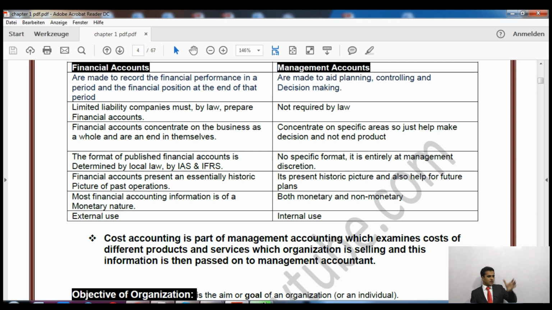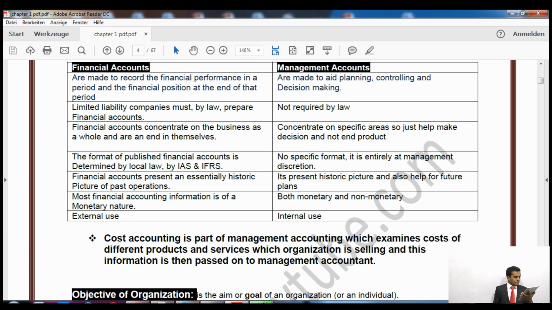So there will be just figures and numbers in financial accounting, whereas in management accounting there will be some numbers, but also some commentary and some advice to the management. How to increase the sales? You must increase the sales. You must reduce the labor because labor idle time is very high.